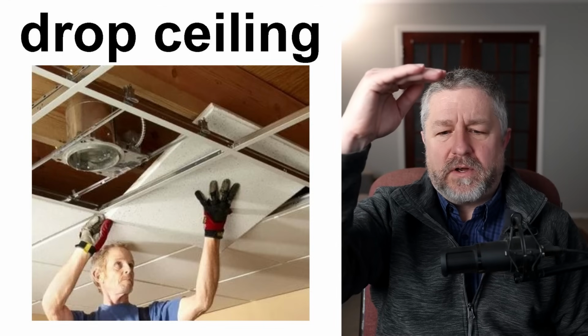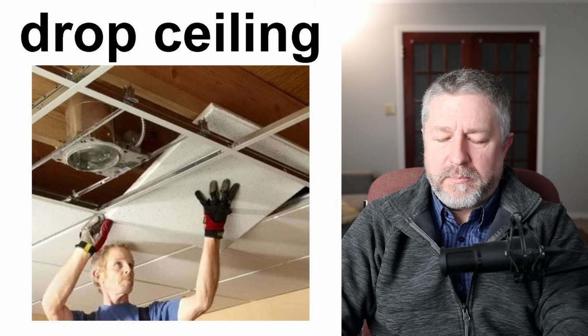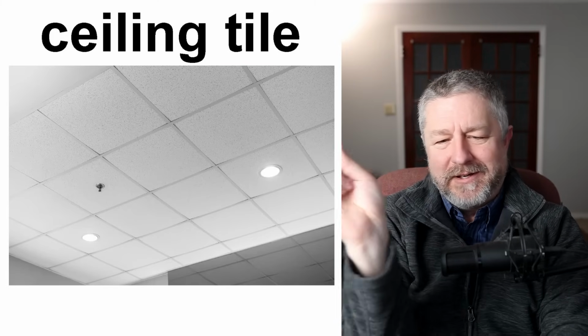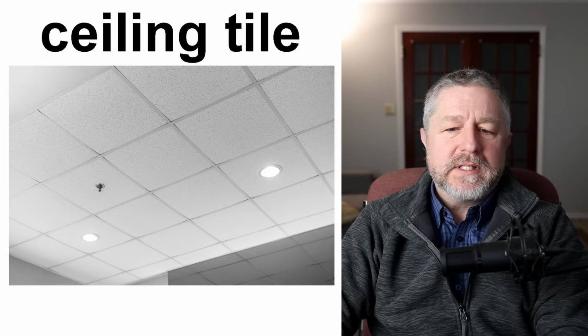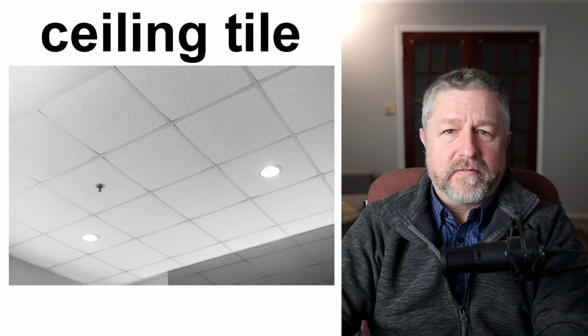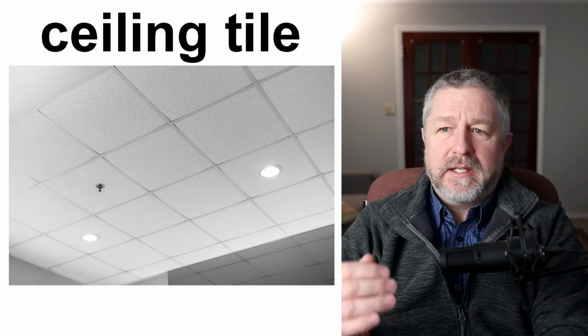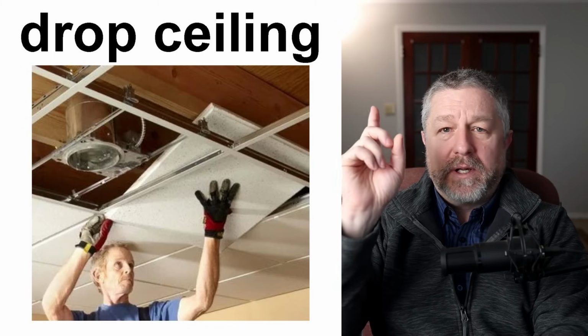That means they installed a metal grid, and they put ceiling tiles into that grid. The reason this is common in a building like a school, or in maybe a government building or a factory, is it allows you to easily remove the tiles to get at what's in the ceiling.